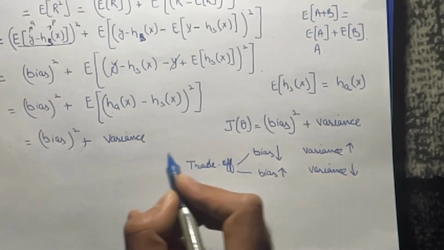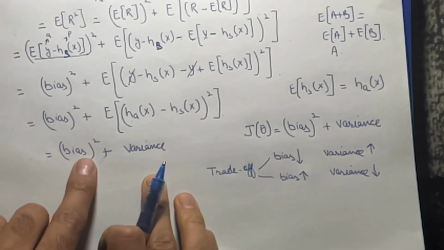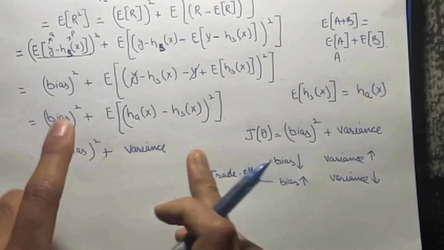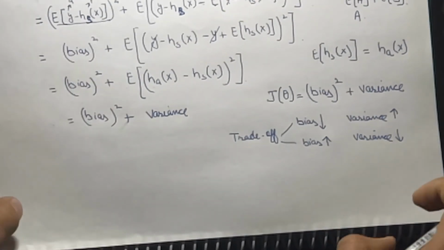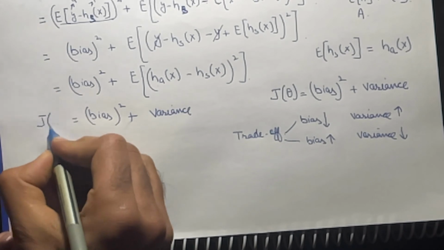We have to choose the optimal value such that both the bias and the variance, they are within some particular limits. Okay, so this was all about the generalization, how we can do the generalization. So this is our j theta.